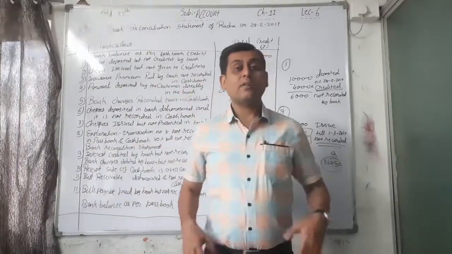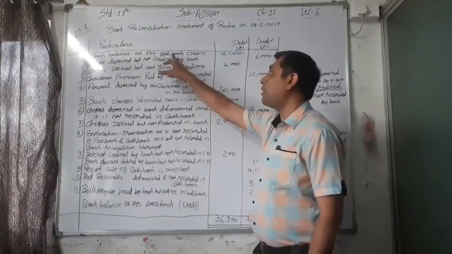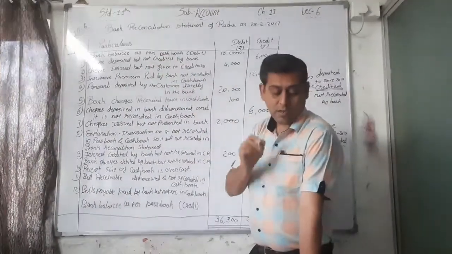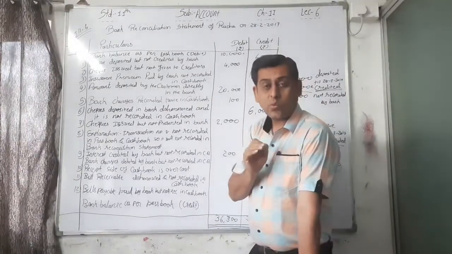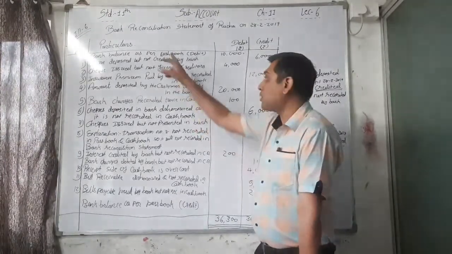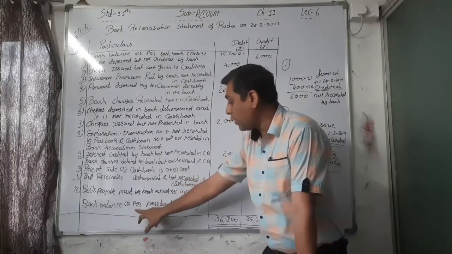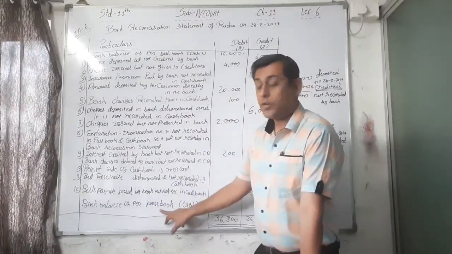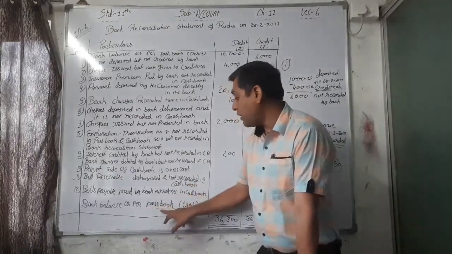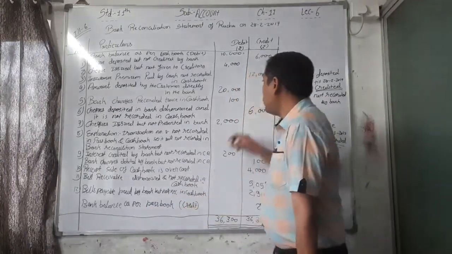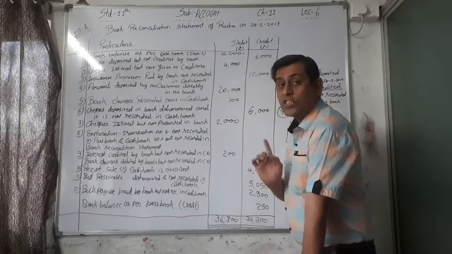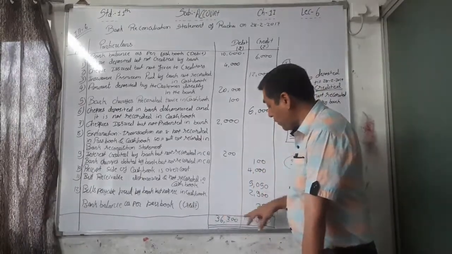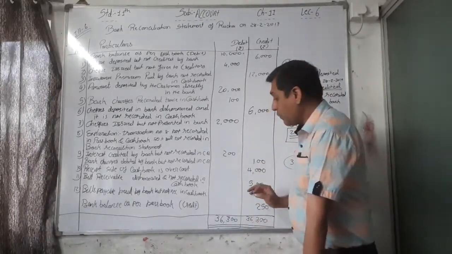So here the starting point is as per passbook. Here in the 6th question, the starting point is as per passbook. So first of all you have to write down as per cash book after these 10 points. Right? Now make the total on both sides. Whichever is the highest total, you have to write on both sides.